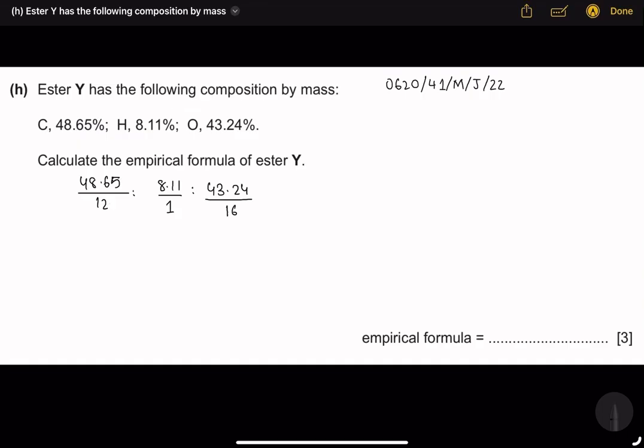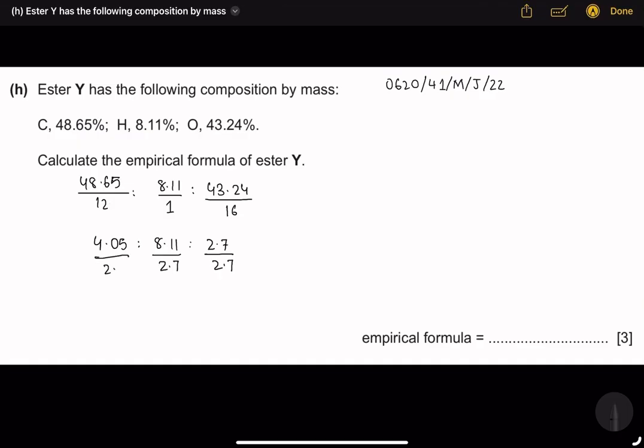So when we calculate this, we'll be getting 4.05, 8.11, and 2.7.